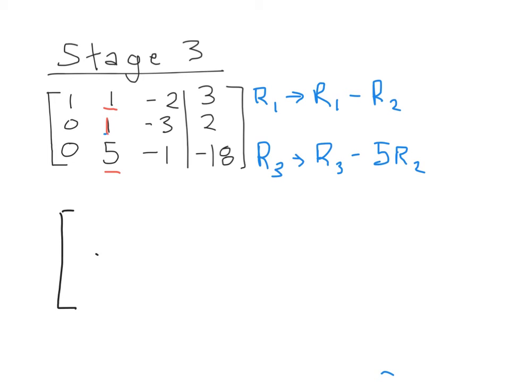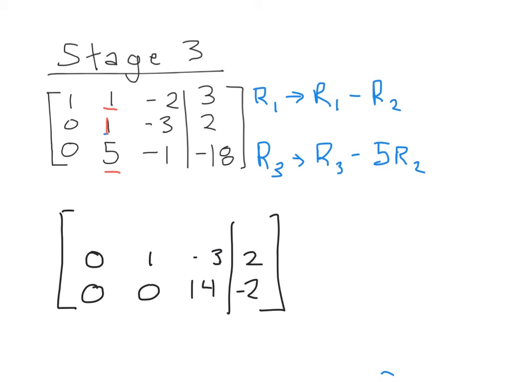Now our matrix would look as follows. We know what the second row looks like. We didn't change it. We know what the third row looks like because we did this last time. And our first row, we want to do row 1 minus row 2. 1 minus 0 makes 1. 1 minus 1 makes that 0 we want.